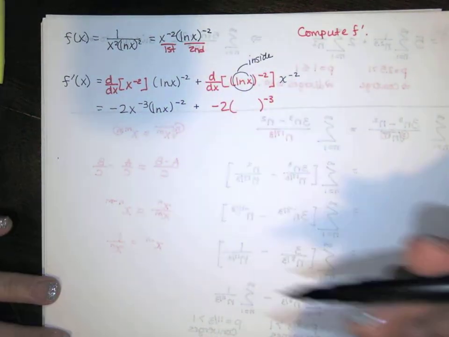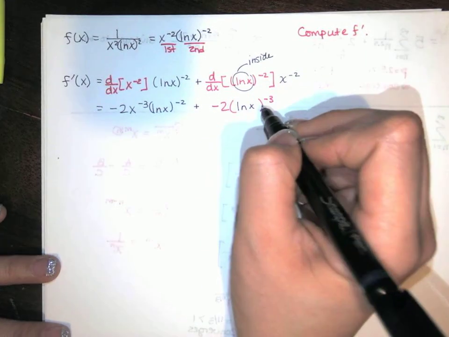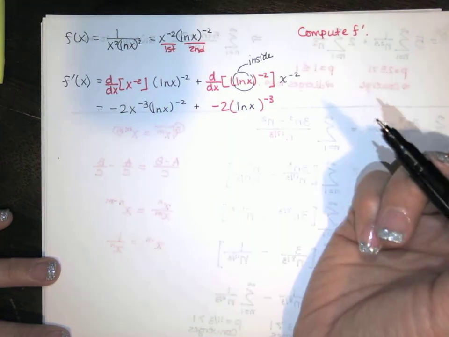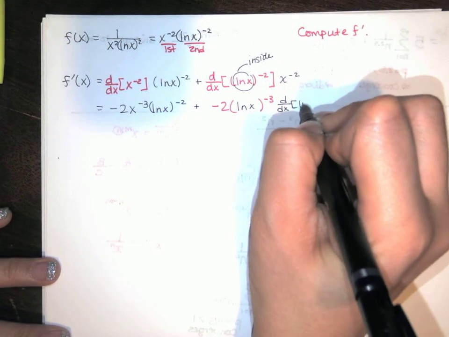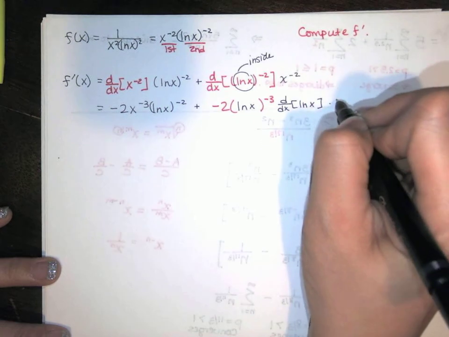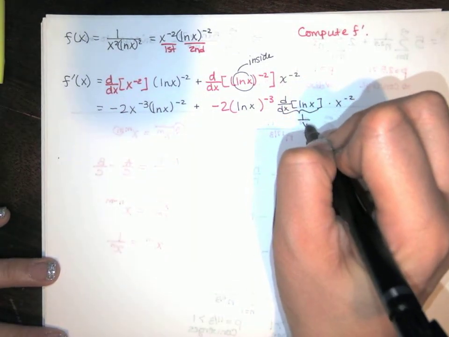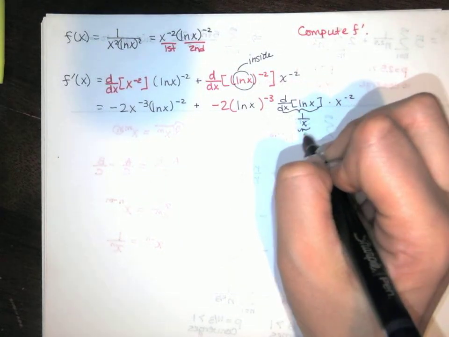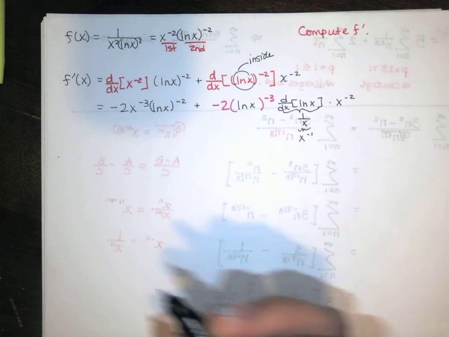You bring the power down, then you subtract 1 from the exponent, put the inside function back inside, and then you multiply by the derivative of the inside by the chain rule. And then don't forget that x to the negative 2 from over there. Derivative of natural log of x is 1 over x, or if you prefer, you can call that x to the negative 1. It'll make it simpler to do the algebra in just a second.